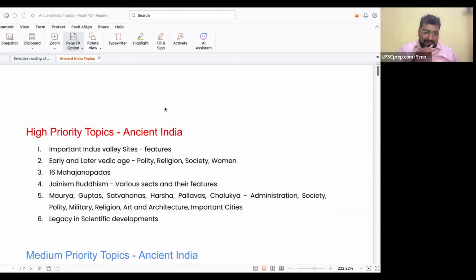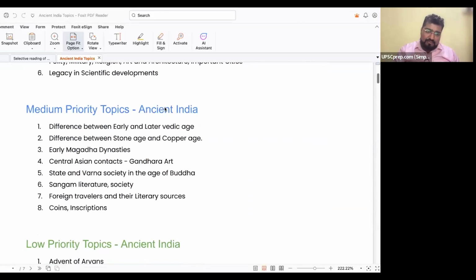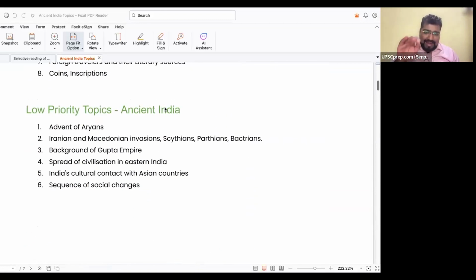When you're revising the entire ancient, medieval, and art and culture for the second, third, fourth time, you should first prioritize the high priority topics. These 6 topics, these 6 chapters you should read. Then go for the 8 chapters, the medium ones. Low priority topics you can afford to skip. Even if you do not read, it's fine.